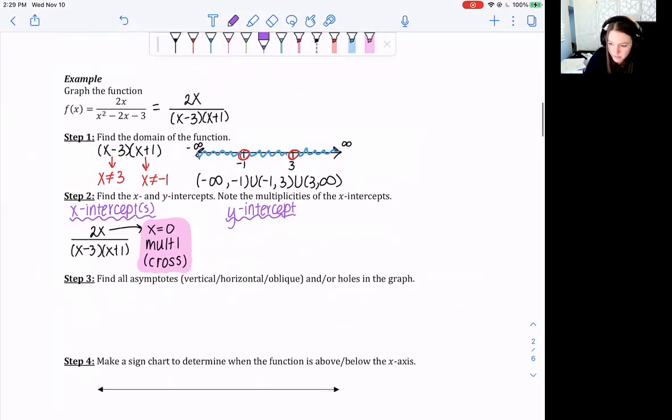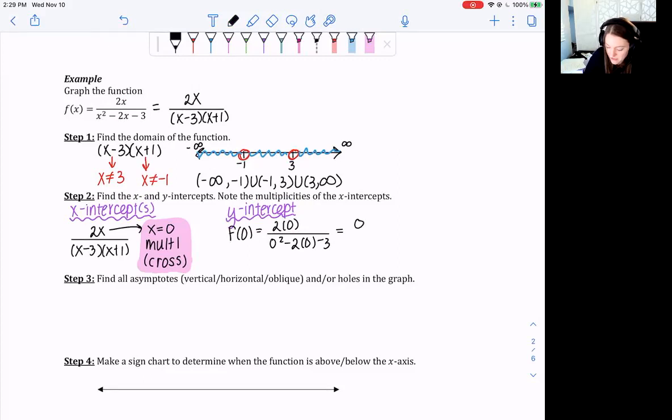For the y-intercept, we're plugging 0 into this function. So we're finding f of 0. That's going to be 2 times 0 all over 0 squared minus 2 times 0 minus 3.